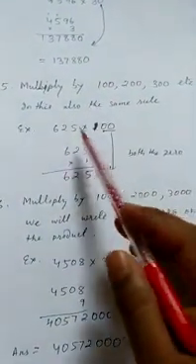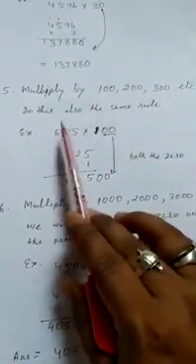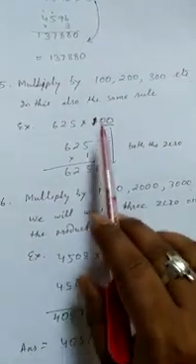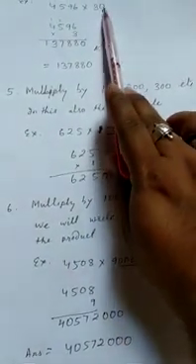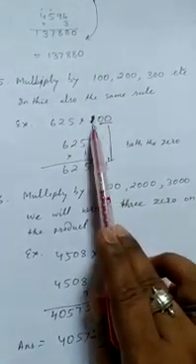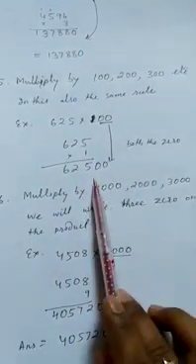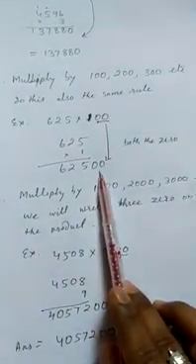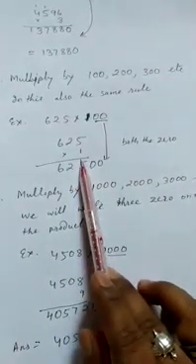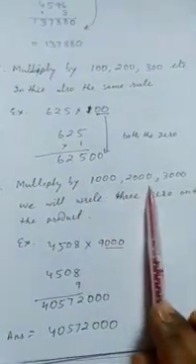One more thing, if it is 100, 200 and 300, what will that be? The same method we apply here also. Previously there was one 0 only, but here 0 0. So we multiply by the first digit only, and then we write both zeros at the back of that number. The same for 1000, 2000, 3000.